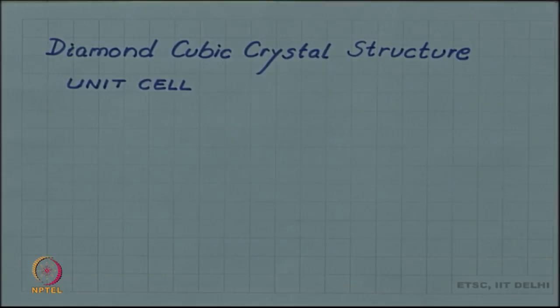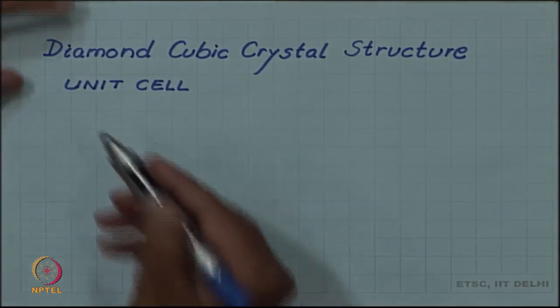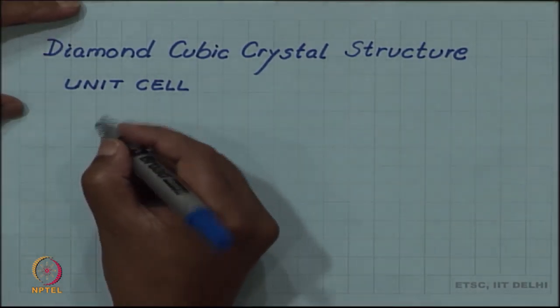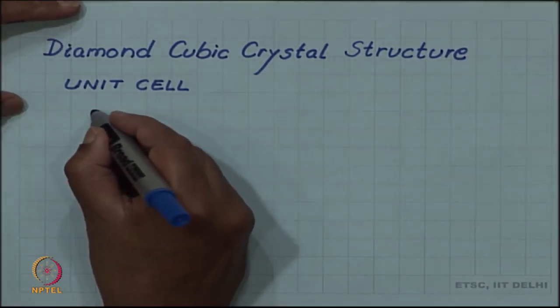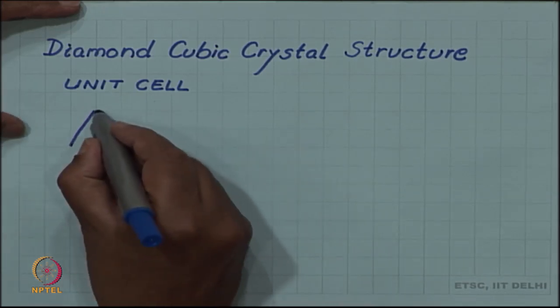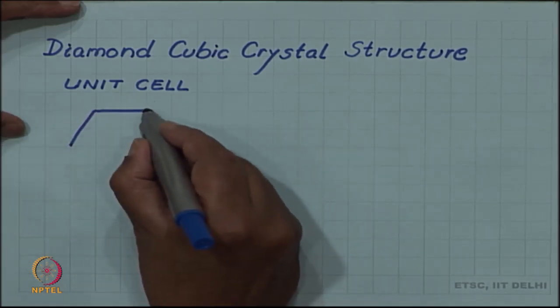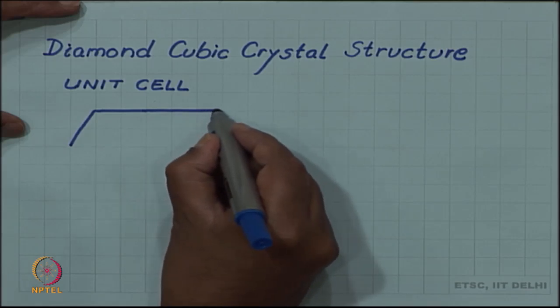So, this diamond cubic structure, let me try to draw the unit cell of the diamond cubic structure for you. Let us begin with the cube. It is a cubic crystal, so it has a cubic unit cell.